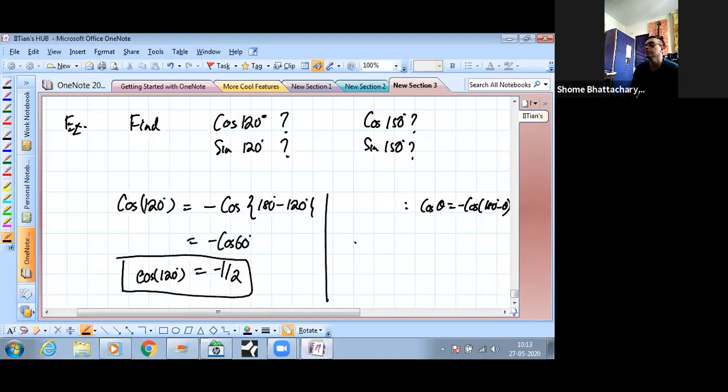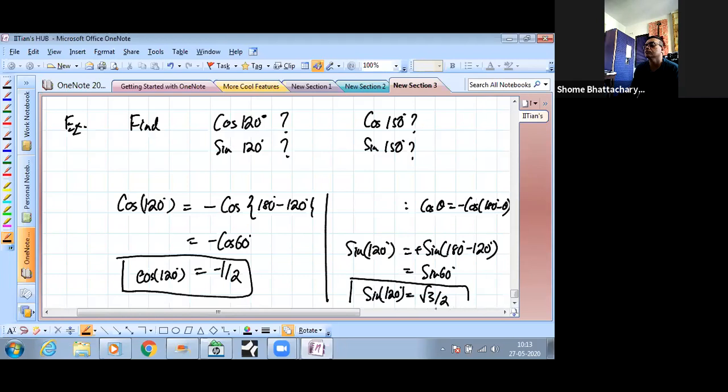Similarly, you can use the formula: sine of 120 will be positive of sine (180 minus 120). That is sine 60, so that is root 3 by 2. Okay, hope this is clear, people.